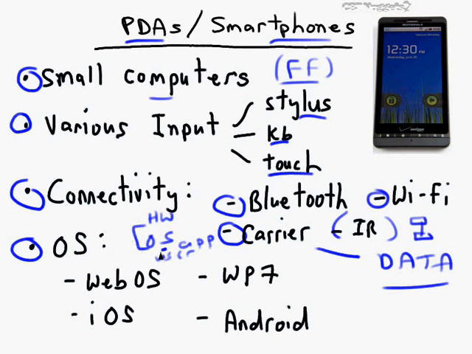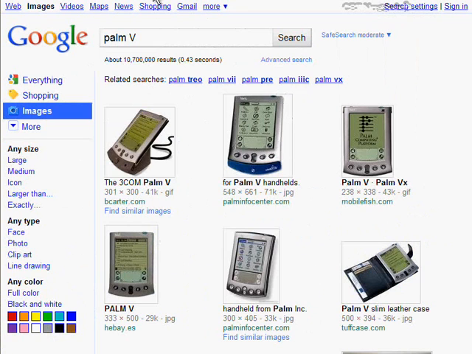Examples of PDA or smartphone OSs include the Palm Web OS, the Apple iOS, Microsoft's Windows Phone 7, and Google's Android operating system. Each of these has a cadre of very dedicated followers indeed. Historically, PDAs or personal digital assistants were decoupled from smartphones.